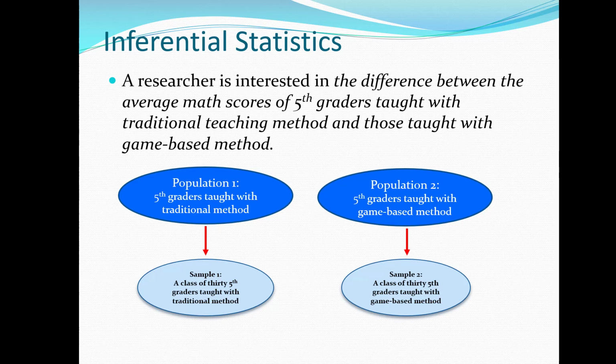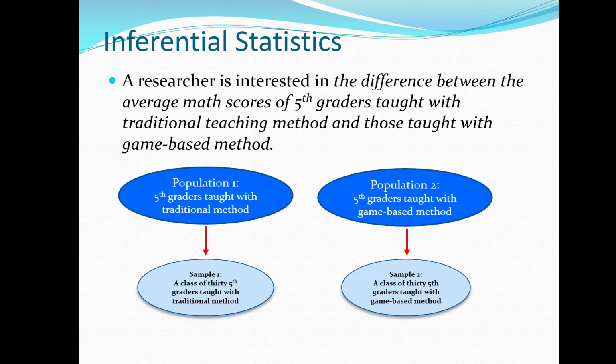It's very obvious for you to see there are two populations. Population 1, fifth graders taught with traditional method. Population 2, fifth graders taught with game-based method.